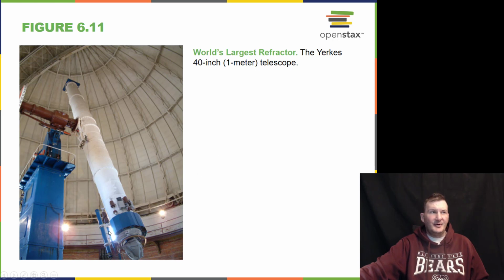This is the Yerkes telescope that Hale made in Chicago, and you can see this is 40 inches across, or about 1 meter, but you can see how long this telescope has to be to make a focal length on that mirror.